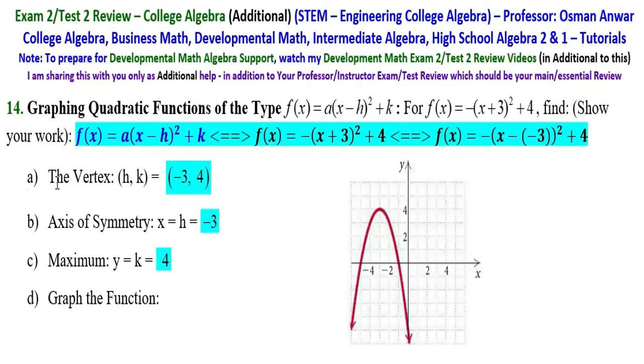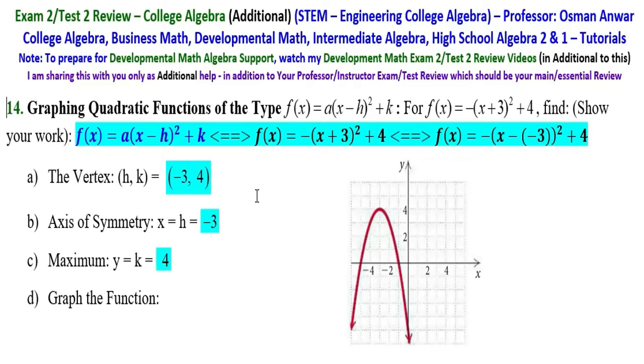A, the vertex. This is f of x equals minus (x minus h), then this has to be minus minus 3, all squared plus 4. That means h is minus 3 and k is 4.